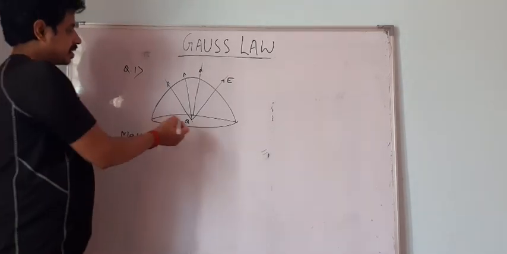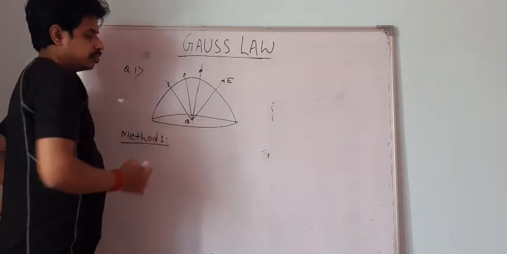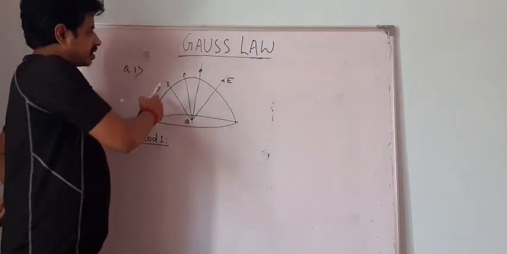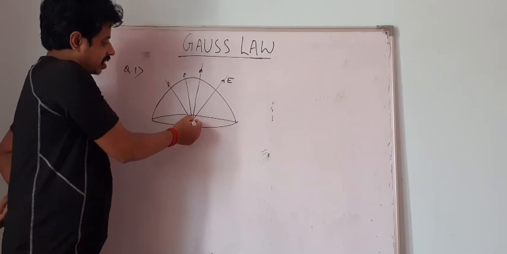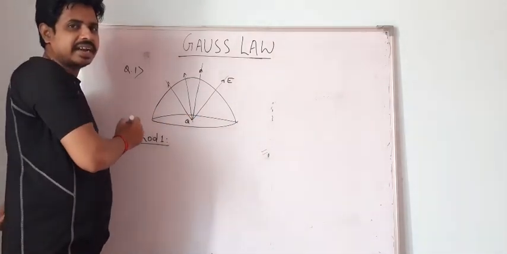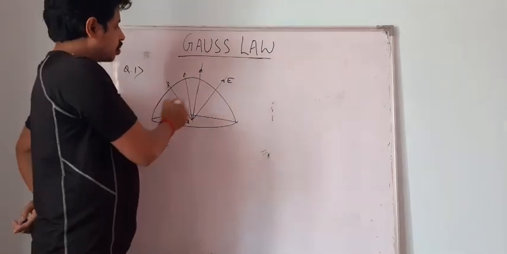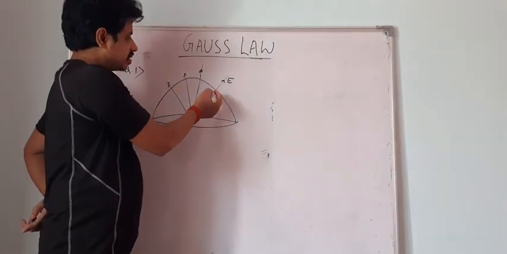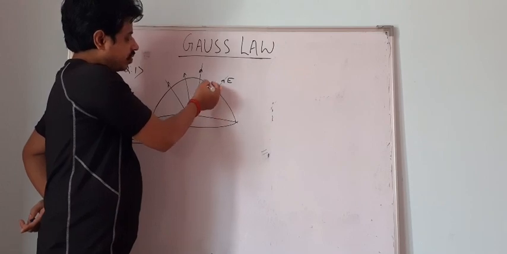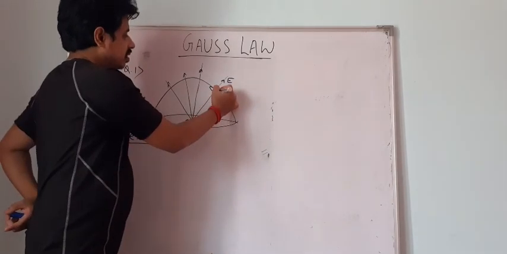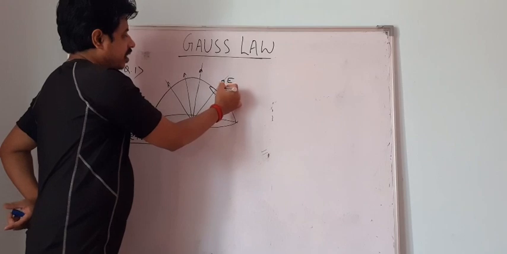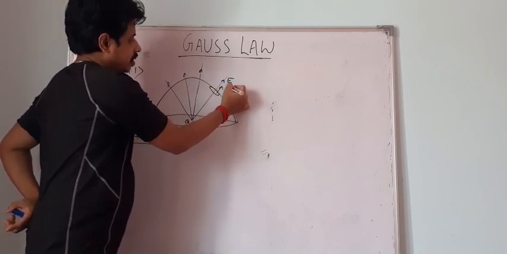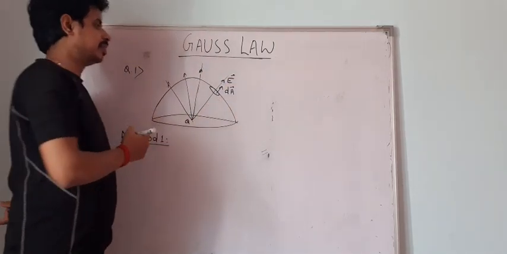See, especially in this case we can do it without Gauss law also. Since the surface is hemispherical and the charge is exactly at its center, the field line must be radial to the spherical surface, that is perpendicular. So if I consider any small area, the electric field as well as the area vector are in the same direction.